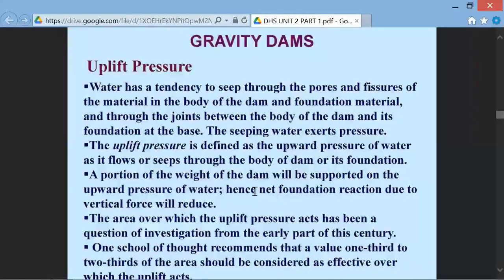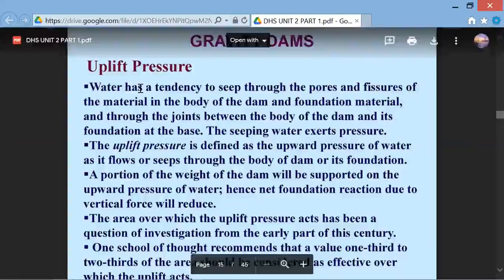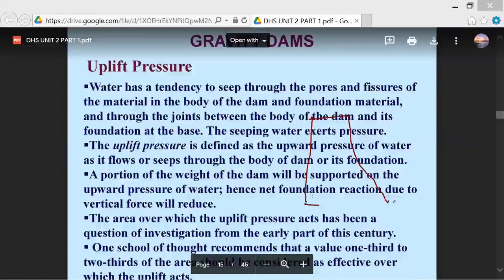Now, how does this uplift pressure act? Suppose this is a dam wall, and here water is acting.